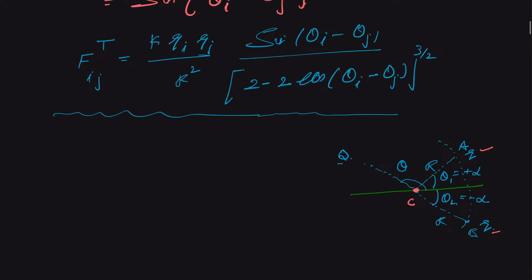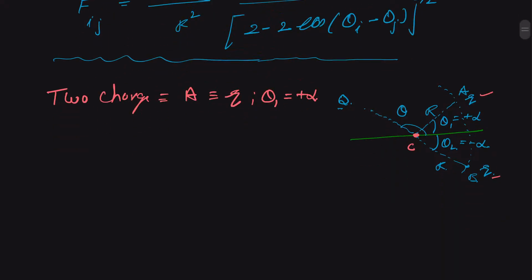Okay. And we are considering two charges. One charge is placed at A and it has charge Q and its angle is theta 1, which is our plus alpha.